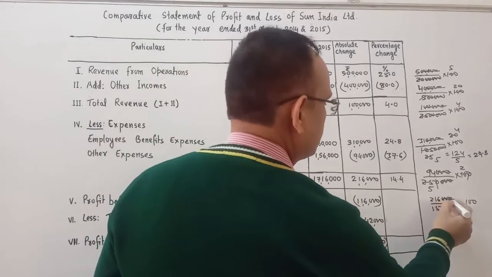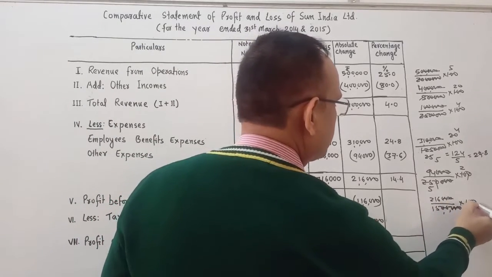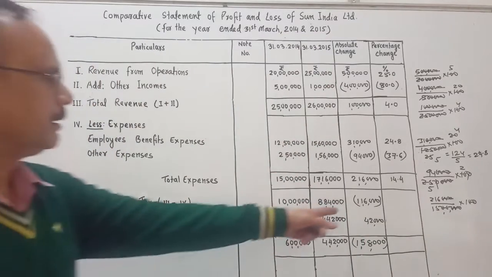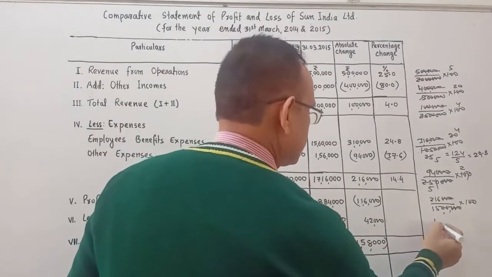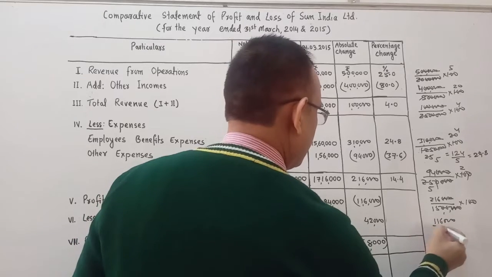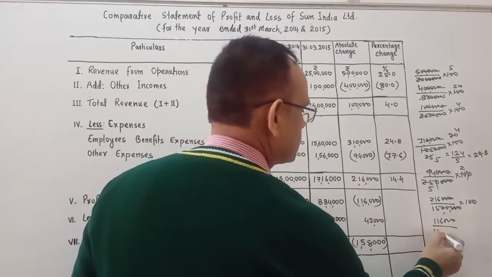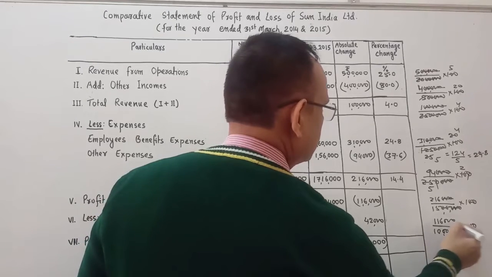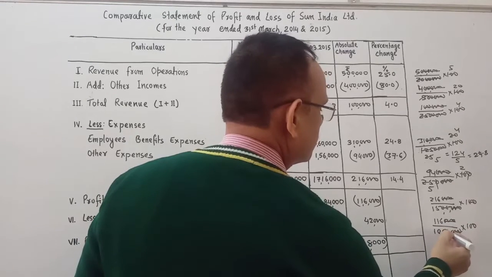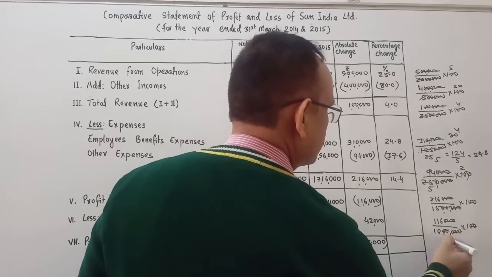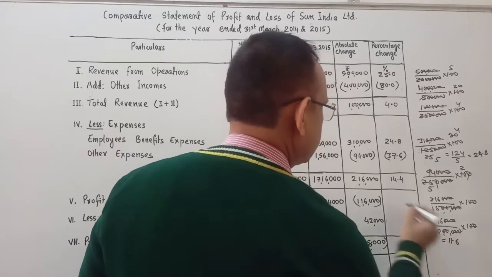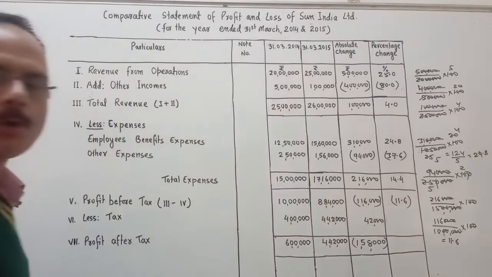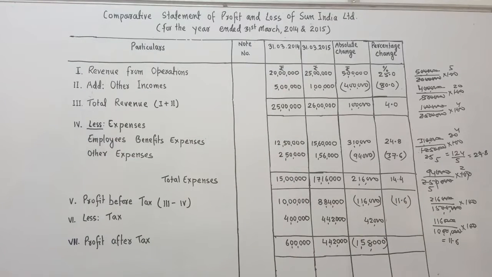If you calculate it, you will get the figure 14.4. Next is 1,16,000 upon 10 lakhs into 100. So it is 11.6, and it is negative.